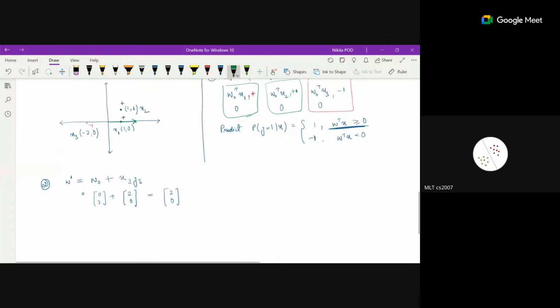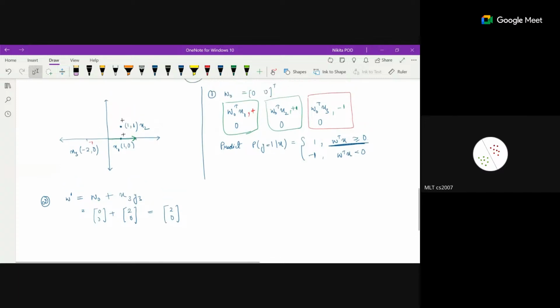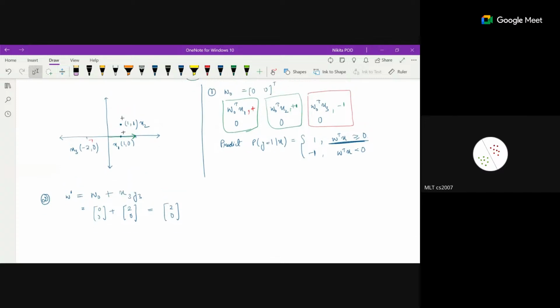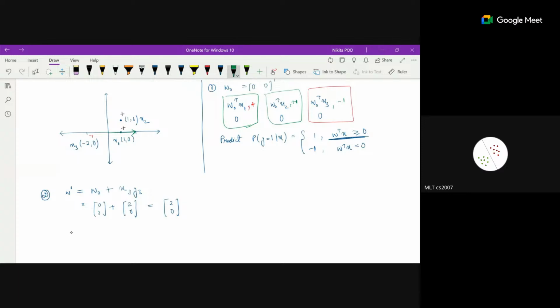Okay. Now I need to see whether this is correctly classifying this, right? You have checked for x3. Now, can we go and see what is happening for my data point, let's say x1, y1?